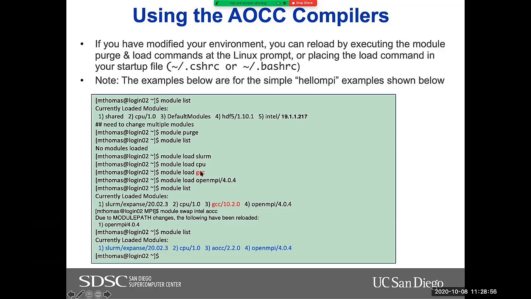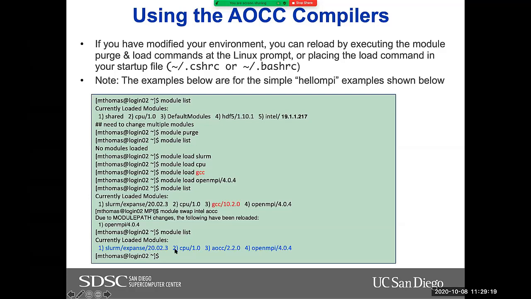What do? Do I have to purge and start again? Because remember, the version of OpenMPI that gets loaded is going to be dependent on that GCC. And so what I did was I swapped the Intel, and I said, oh, I want to go ahead and use AOCC. Sorry, that's a typo. That should be a swap of GCC. It did swap it and also made a substitution.